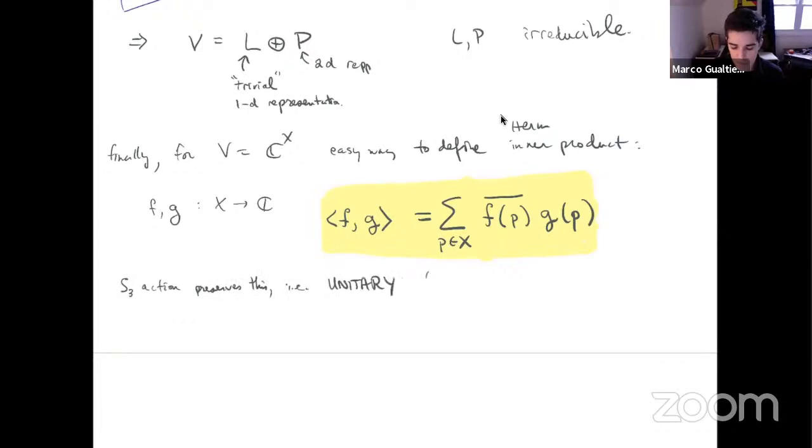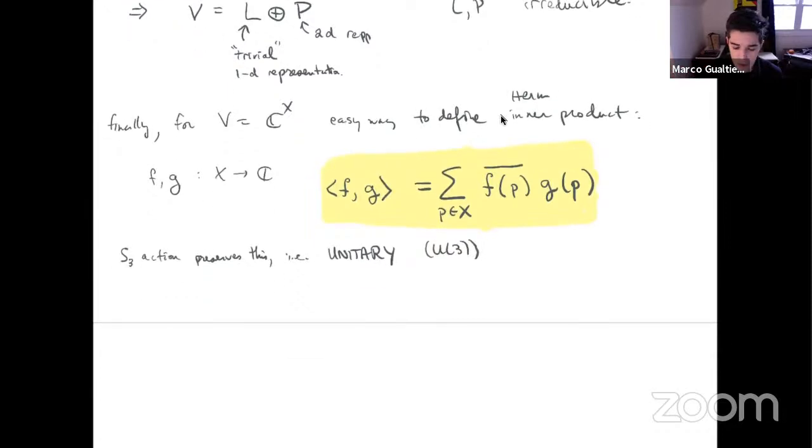So it's in U3. So these matrices are in U3 group. In other words, for any group element, the inner product is preserved.